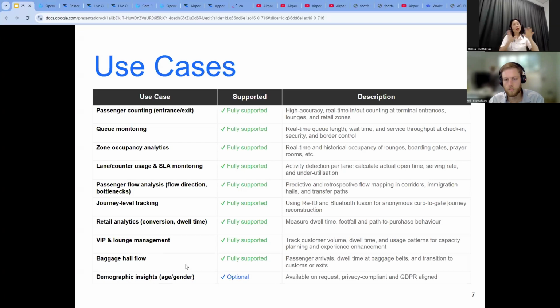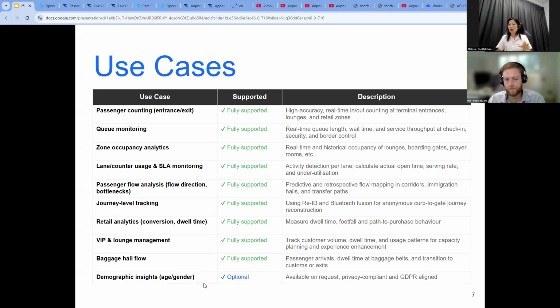Then you come to the arrival side, your baggage hall. You can monitor the arrival flows, time at the baggage belt, and onward movements to customs and exit. So allowing visibility over the baggage handling performance and the customer experience post-arrival. Now, another optional one is if you want to have the demographic insights.